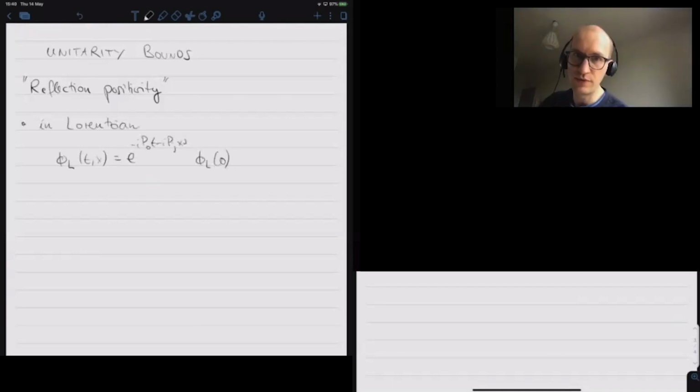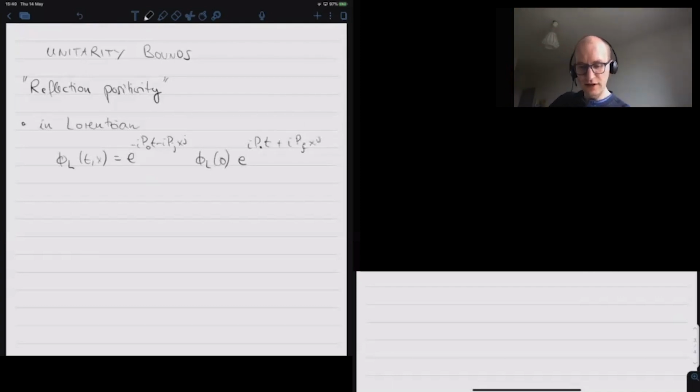This is actually the same operator that I earlier wrote, e^{-i p_mu x^mu}, but I just want to be explicit now about the time direction, because whenever you do Euclidean time, you need to be particularly careful about that direction.